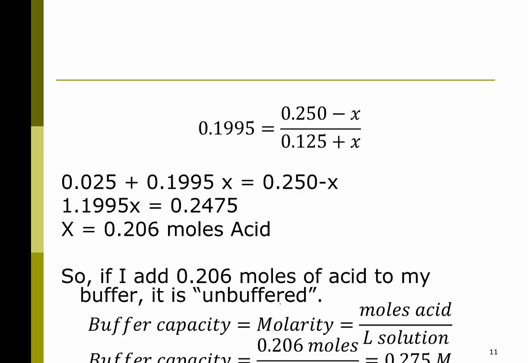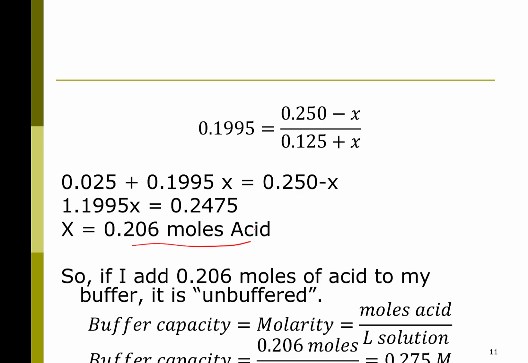Now, moles is good. In this case, molarity is better because, of course, if I had a bucket of my buffer instead of the original 750 milliliters, it would take more acid to lower the pH. If I had a swimming pool full of my buffer, it would take more moles of acid to change the pH.